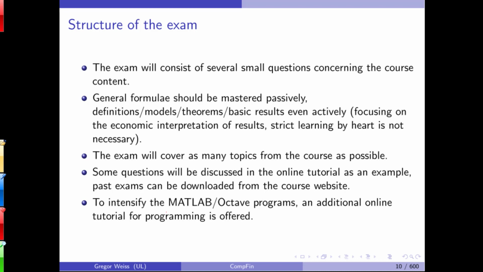That is why you do not need to know MATLAB actively. You do not need to be able to program in MATLAB, but you should be able to read such a program and say what it does.